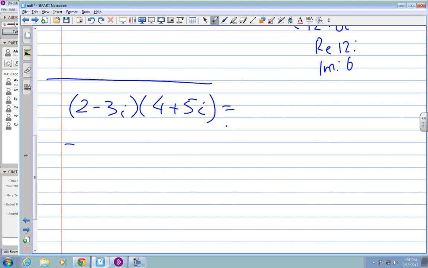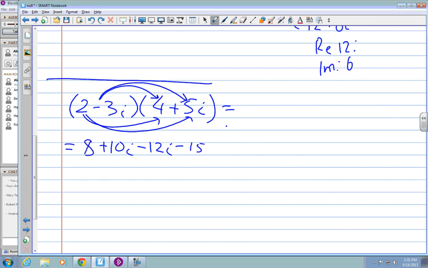And we understand how to FOIL. 2 times 4 equals 8. 2 times 5i equals 10i. -3i times 4 equals -12i. And finally, -3i times 5i equals -15i squared. Just like you would do with any polynomials, if you had x instead of i, that's what you would do.